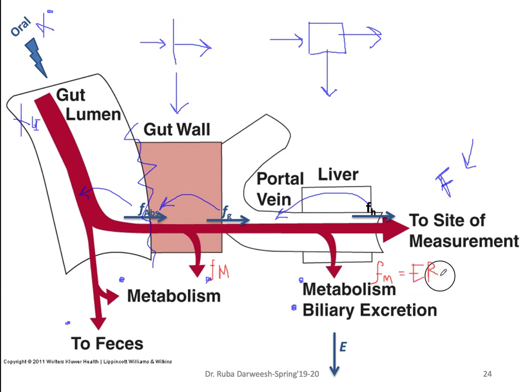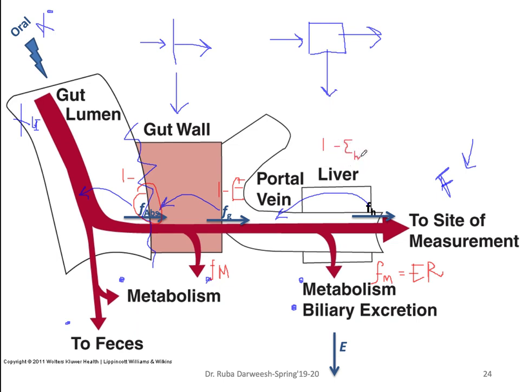So the extraction in the gut or extraction here. If I give you the extraction, or the fraction of metabolism or excretion, this will be what? 1 minus whatever is happening here. And this will be 1 minus the fraction or extraction that is happening in the wall. And this will be 1 minus whatever extraction is happening in the hepatic.